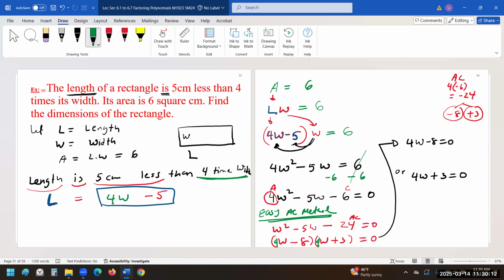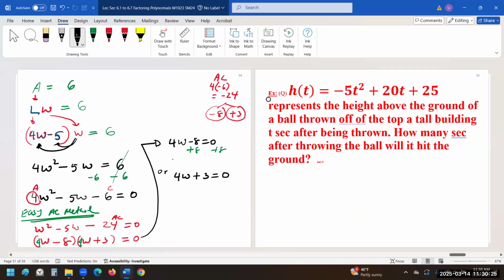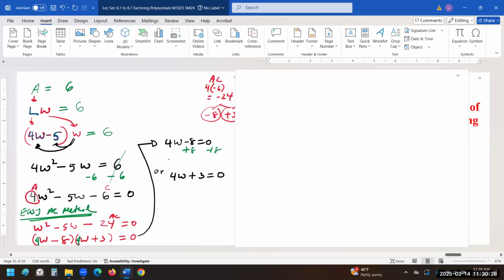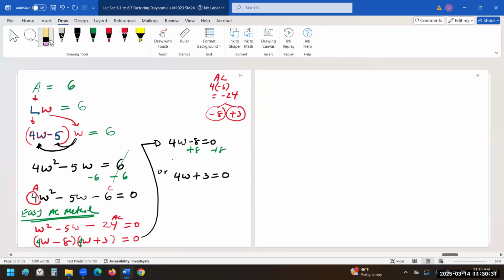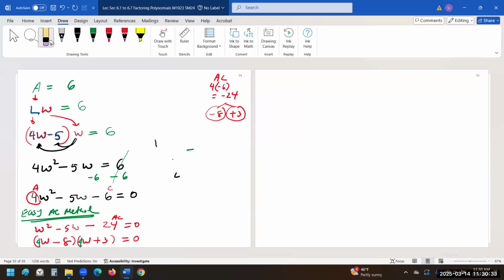What happens next? How do you solve for W from the first equation? First, you need to add the 8 to the other side. So add 8, we get, I don't have enough space. Let me actually put it here. So 4W minus 8 equals 0, or 4W plus 3 equals 0.